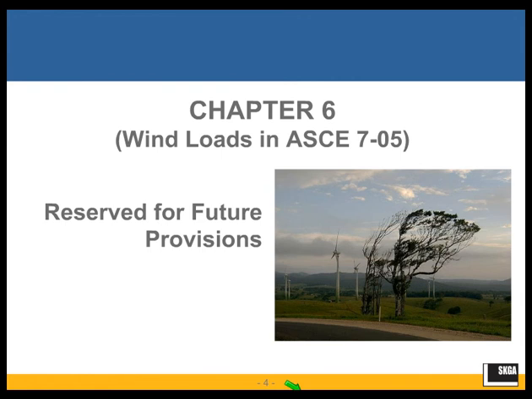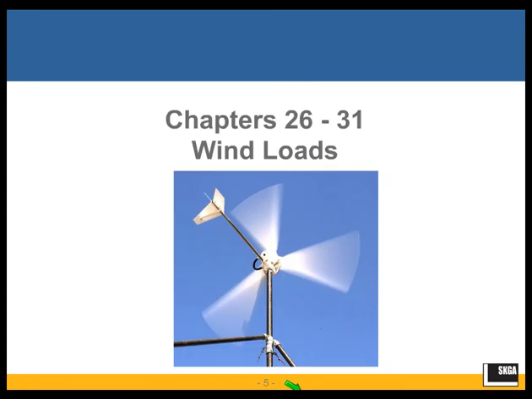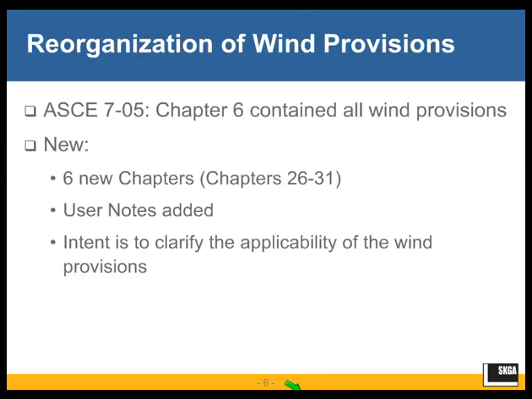There will be tsunami provisions in Chapter 6 of ASCE 7-16. The wind provisions themselves have gone to the back of the book, Chapters 26 through 31, following the seismic provisions, which are in Chapters 11 through 23. Chapters 24 and 25 have been left open for possible expansion of the seismic provisions.